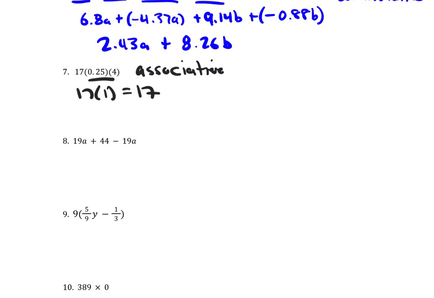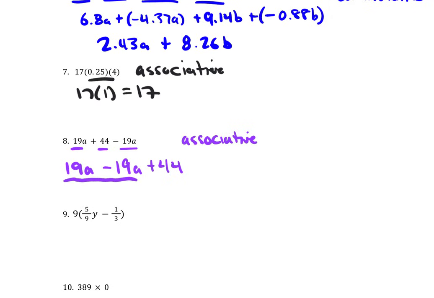Now, if I look at number 8, 19 plus 44 minus 19a. If I simply move the second and third thing, what allows me to do that is associative. And then 19a minus 19a, that's kind of like adding the opposite.